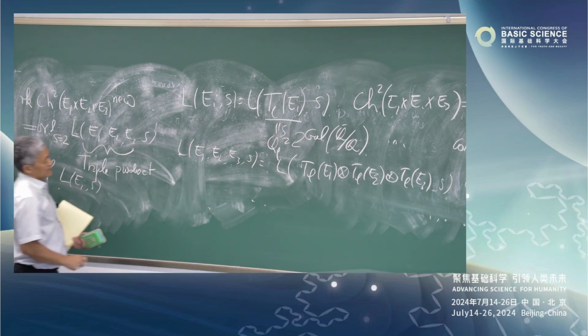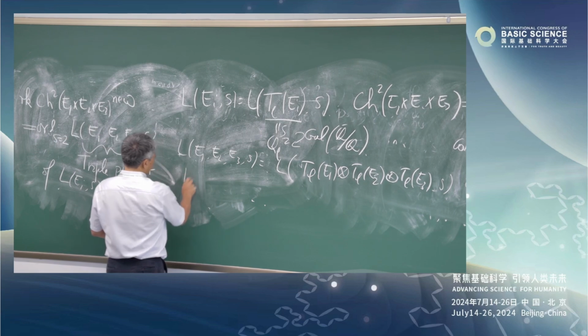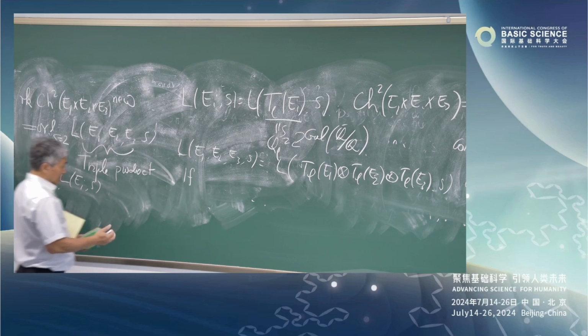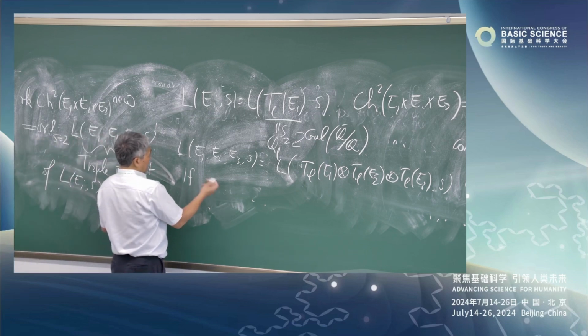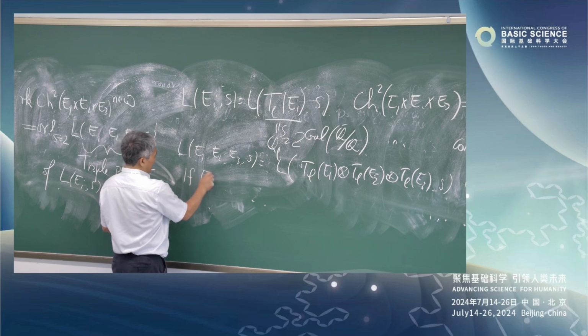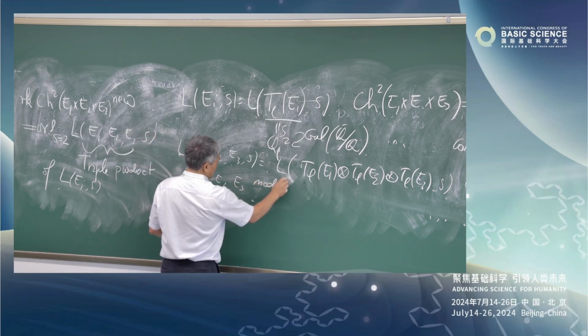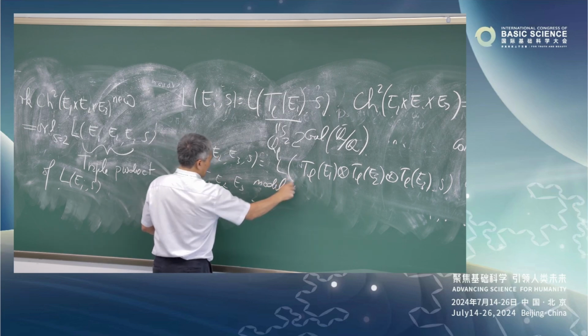And at least when I formed this question, the modularity conjecture was not proved. If U1, U2, U3 are modular, of course, then we know that's true.